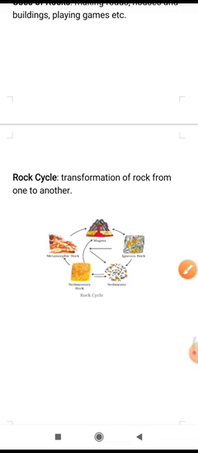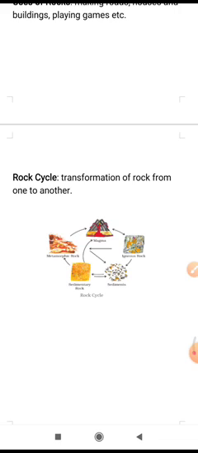Now, the last part of the lesson is rocks and minerals. Rocks are made up of different types of minerals. Minerals are naturally occurring substances which have certain physical properties and definite chemical compositions. Minerals are very important to humankind.